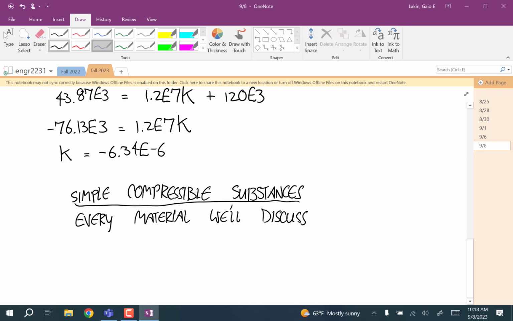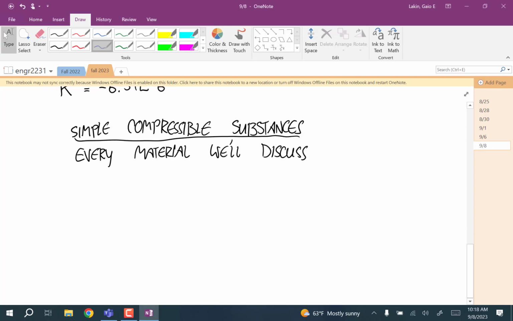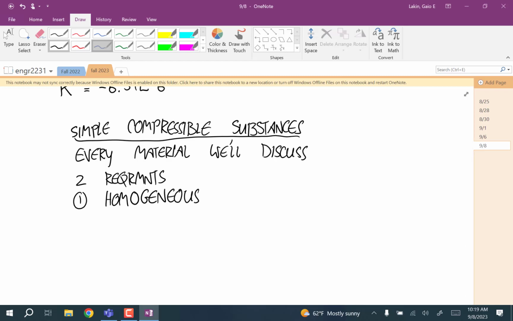In order to be a simple compressible substance, there are two requirements. The first is that it's homogeneous. That just means that it's the same everywhere. You can't have clumps of stuff in it. A chocolate chip cookie is not homogeneous, but a sugar cookie is.